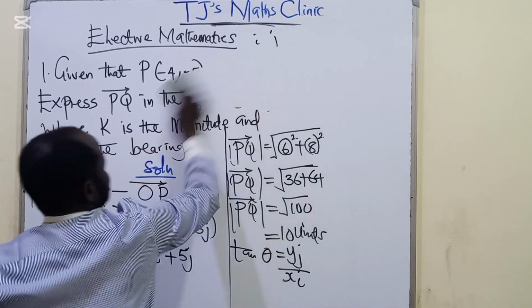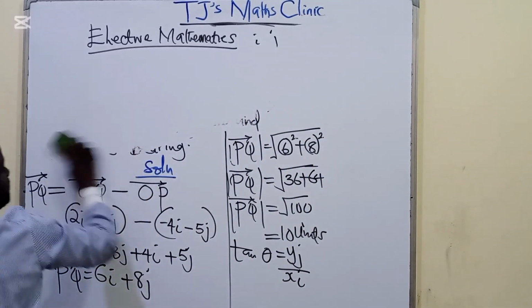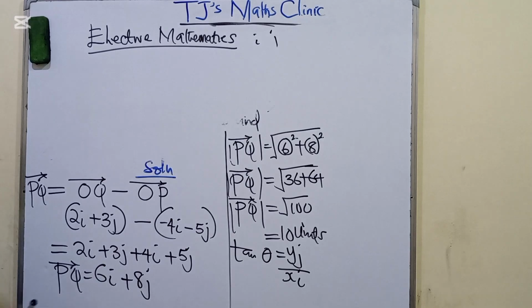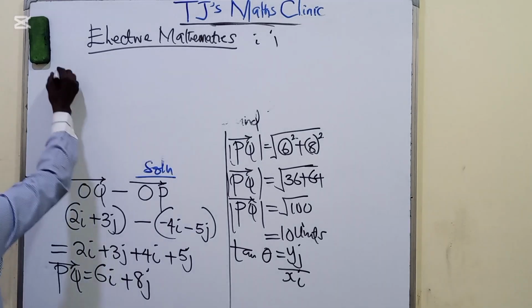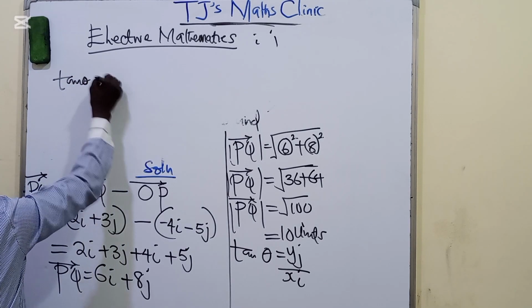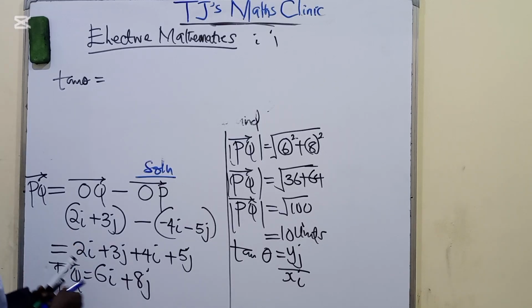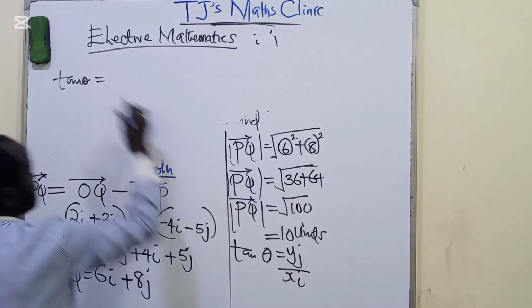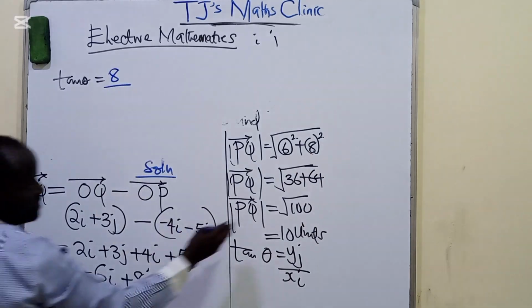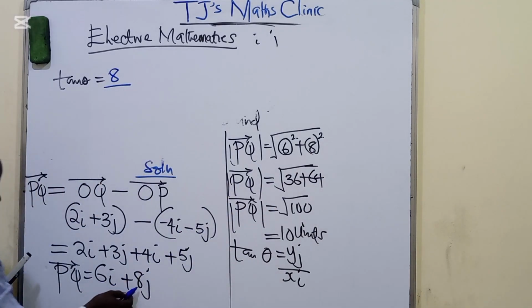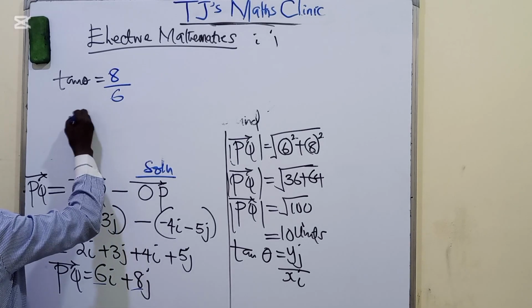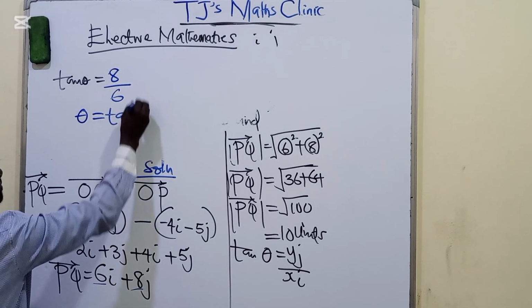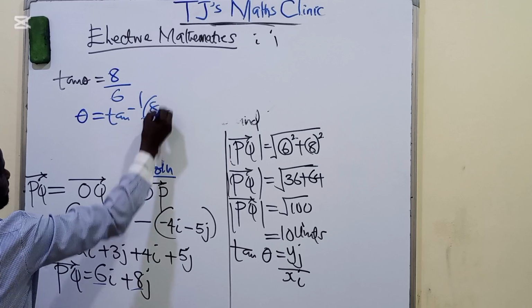Okay, let me remove the question so that we can solve for theta. So tan theta will be equal to the y value, which is 8, divided by the x value here, which is 6. This is x and this is y. So theta will be the tan inverse of 8 divided by 6.